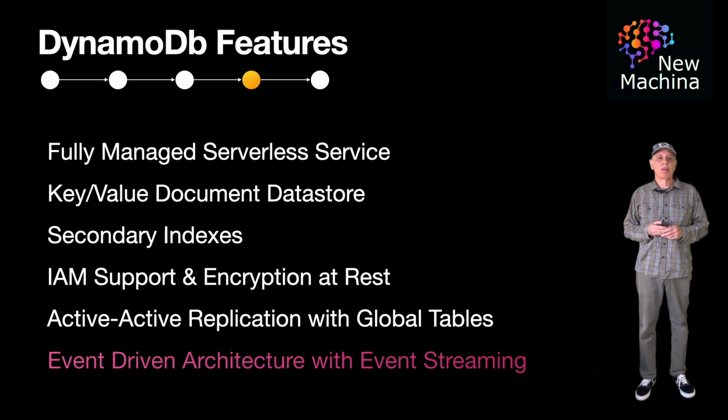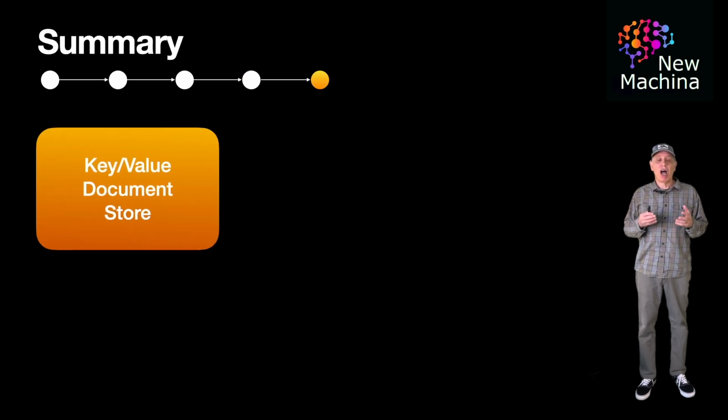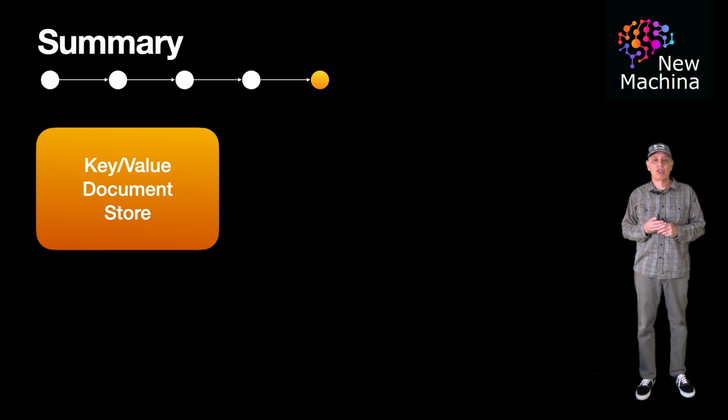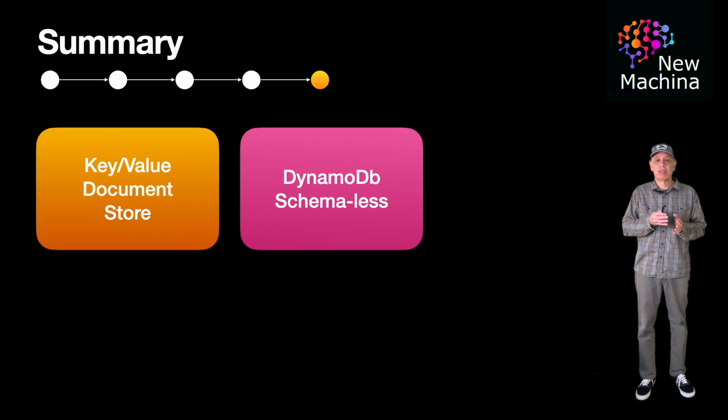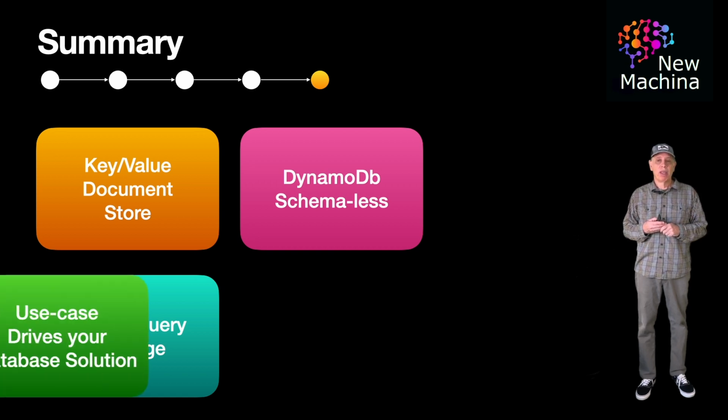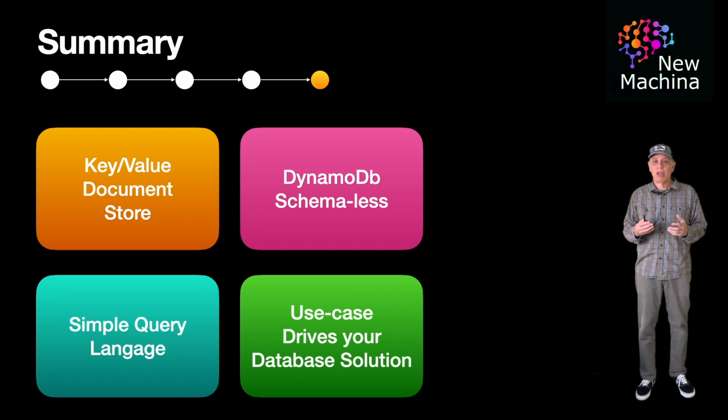So in summary, DynamoDB is a key value document data store. It's said to be schemaless, which means that items within the same table can have different attributes. It has a very, very simple query language, supporting a query operation and a scan operation. Is DynamoDB your data store for every use case?